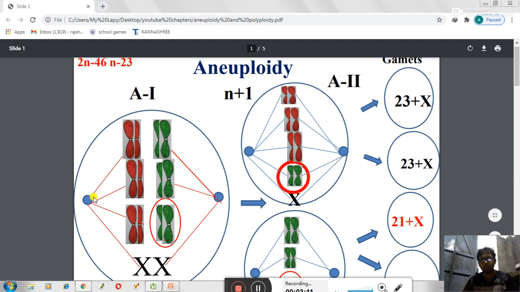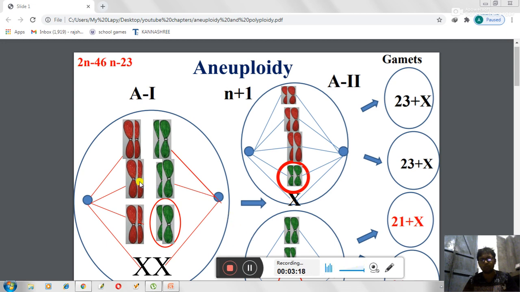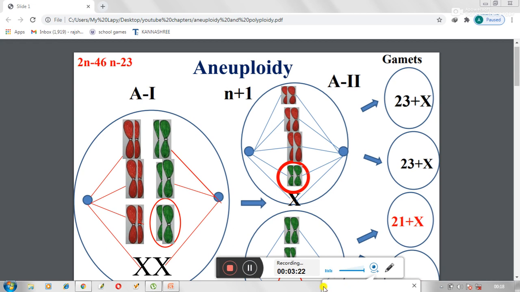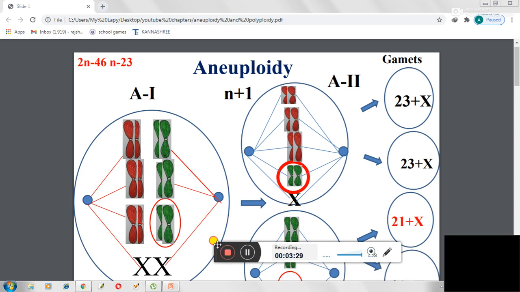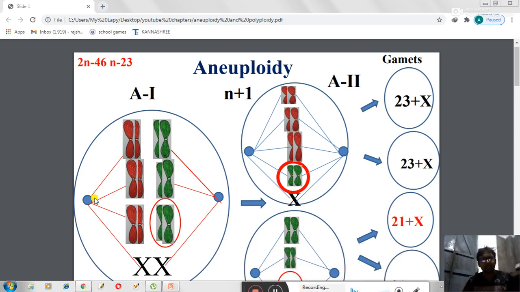In anaphase 1, the spindle fibers from the centrosome attach with the centromere region, so that proper chromosome segregation takes place. If the centromeric regions are not properly attached with the spindle fiber, the chromosomes will not divide equally into 2 cells.